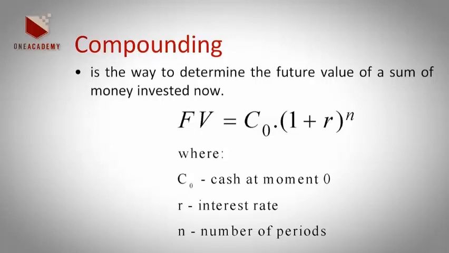C0 means cash at the moment now. So whatever we have had in the beginning of the period is here at the C0, for example, $100. And then we multiply this with the so-called interest rate factor or interest factor.